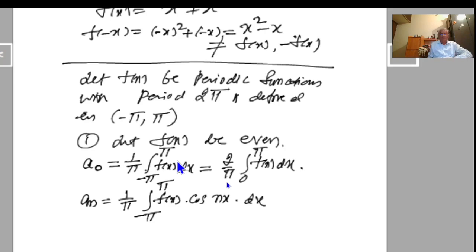So this is equal to 2 by pi into the integral from 0 to pi of f of x into cos nx dx. This is our an. An can be obtained by this.